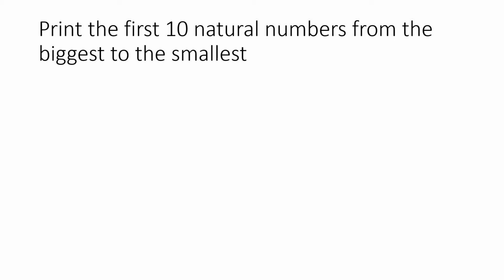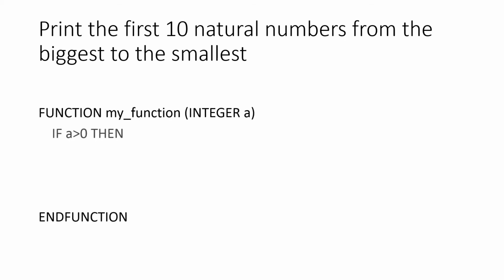Okay, so what do we write as the answer of our first algorithm that we put before, print the first 10 natural numbers? We have the function. We check if a is bigger than 0, and we keep calling it.